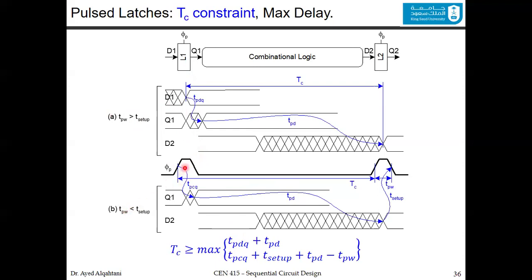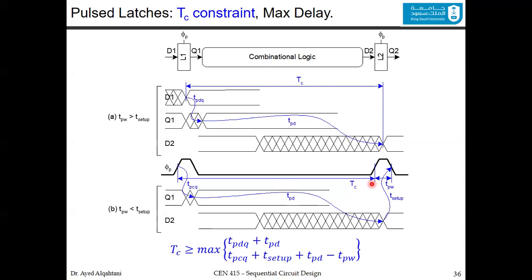If it is very short, so it's very sharp, almost a spike, then it's approaching the ideas that we studied in the edge trigger, where the cycle time must cover the propagation clock to Q plus the propagation delay through the circuit plus the setup time, but you take out from it the pulse width, even though this amount of pulse width is very, very small, because it's almost a spike.